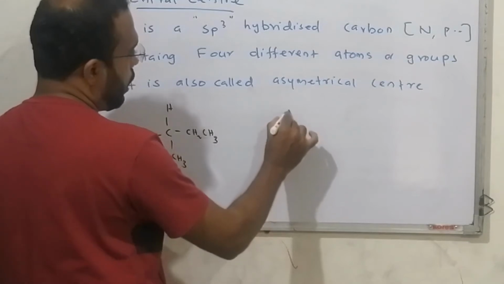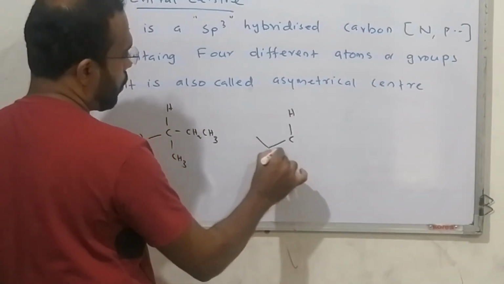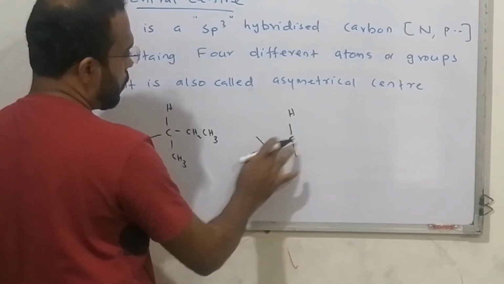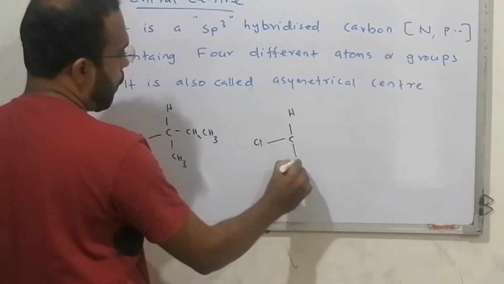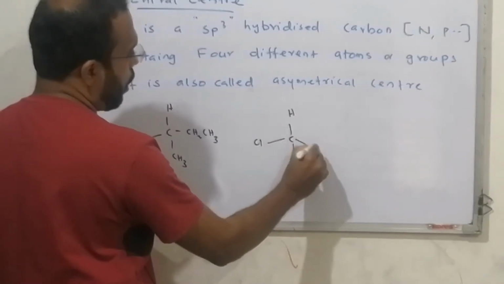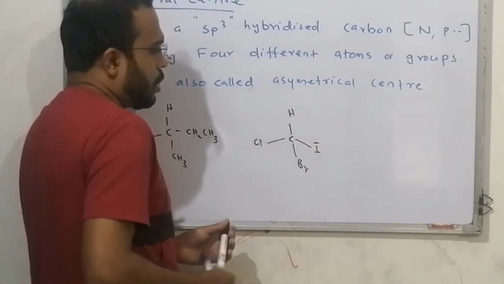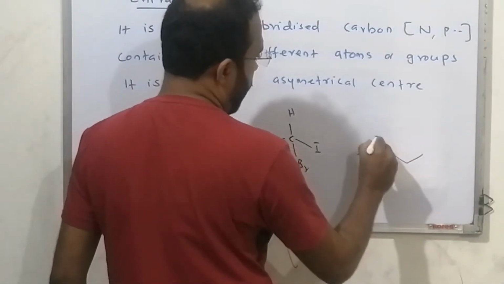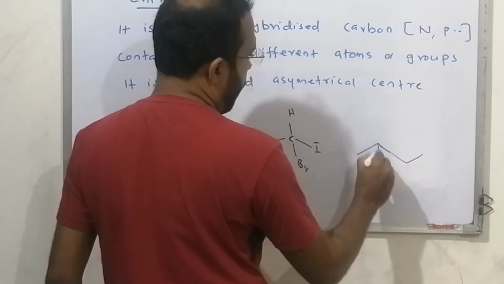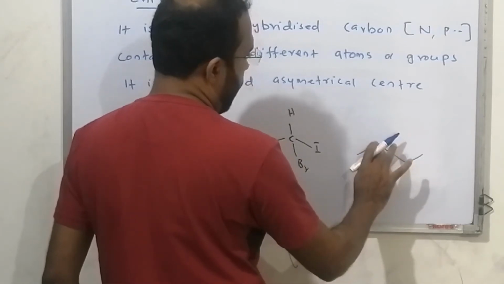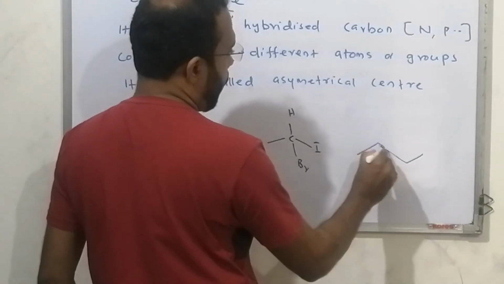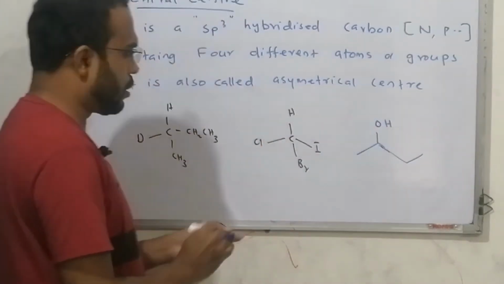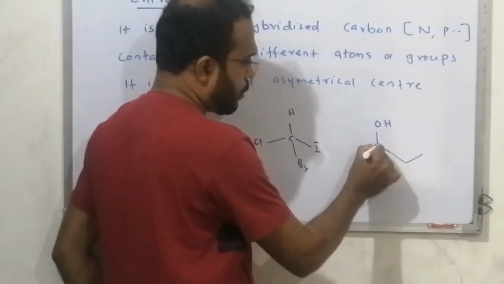Another one: H, Cl, Br, iodine. If I write like this, OH, this is a chiral center. Why?